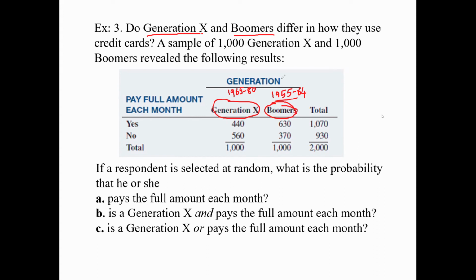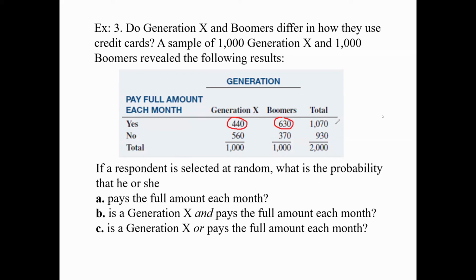All right. So this question is about how the two generations of people use their credit cards. The sample size is 1000 generation X and 1000 boomers, and the result is shown here. The results show those who pay the full amount every month. Out of 1000 generation X, 440 people pay the full credit card bill every month, but from boomers it is 630.